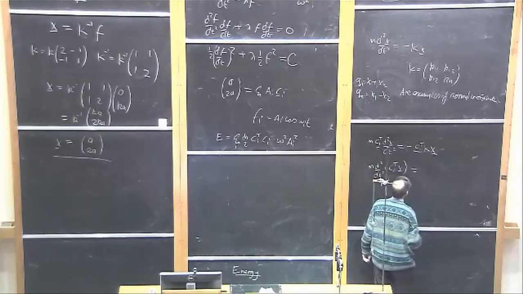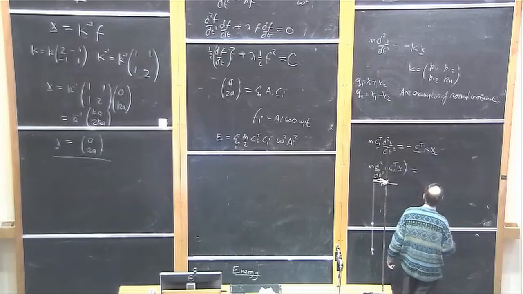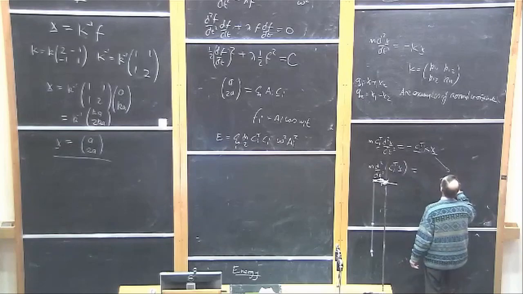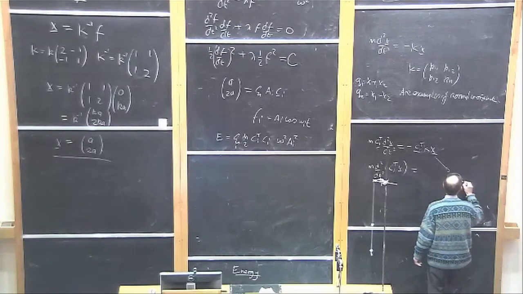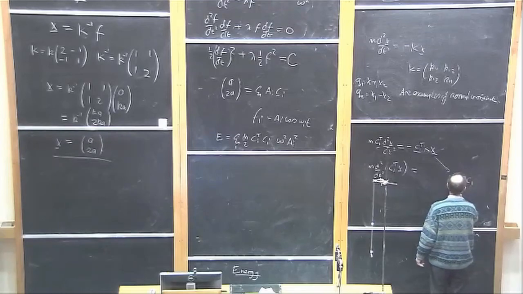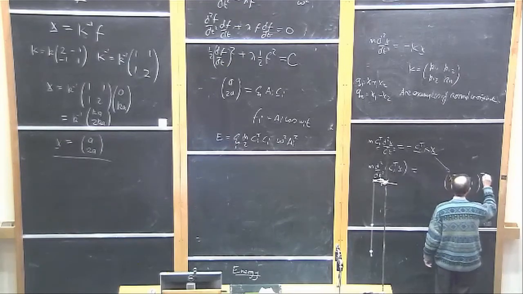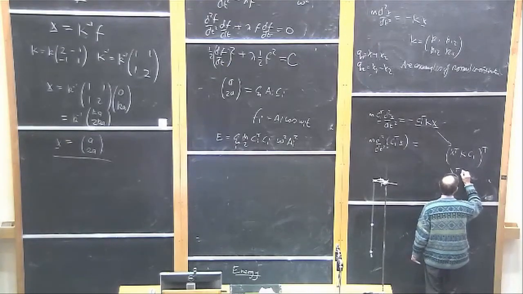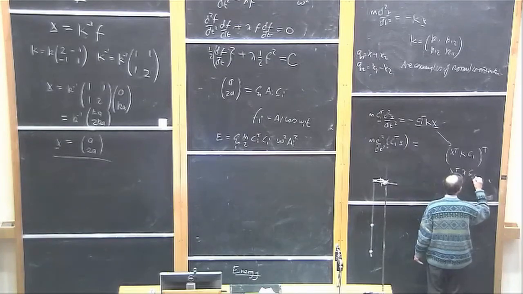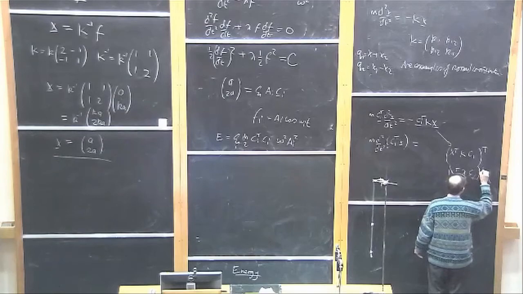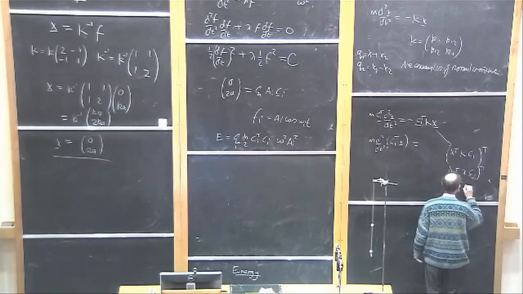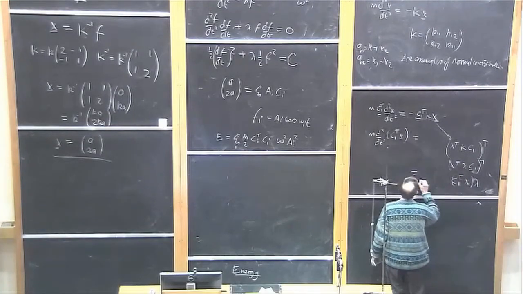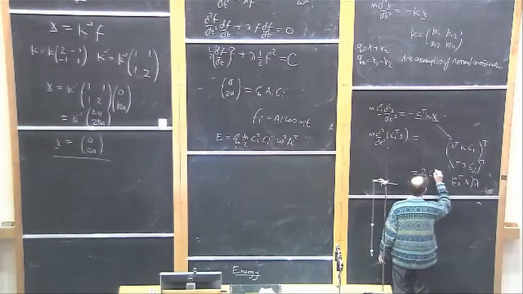And on the right, if I take the transpose of the constant, that is x transpose k C1, which is x transpose k C1 is lambda C1 transpose, which is C1 transpose x times lambda. And so this side of the equation has become lambda C1 transpose x.